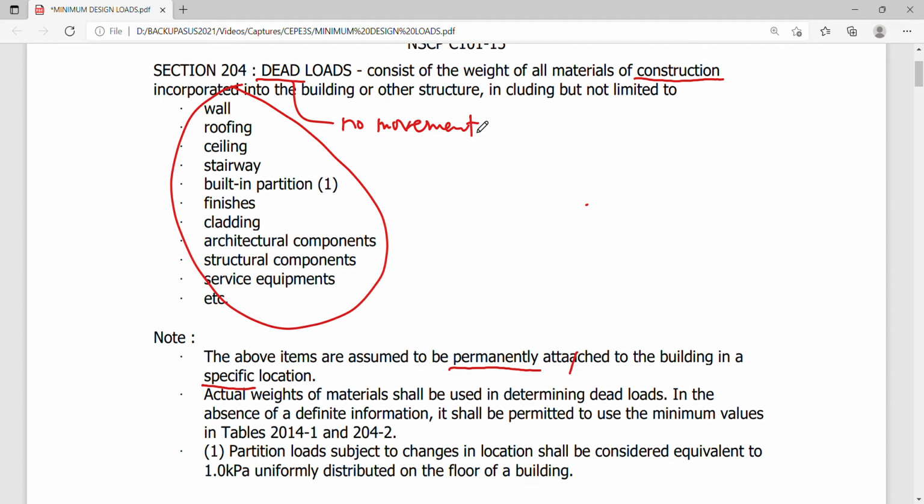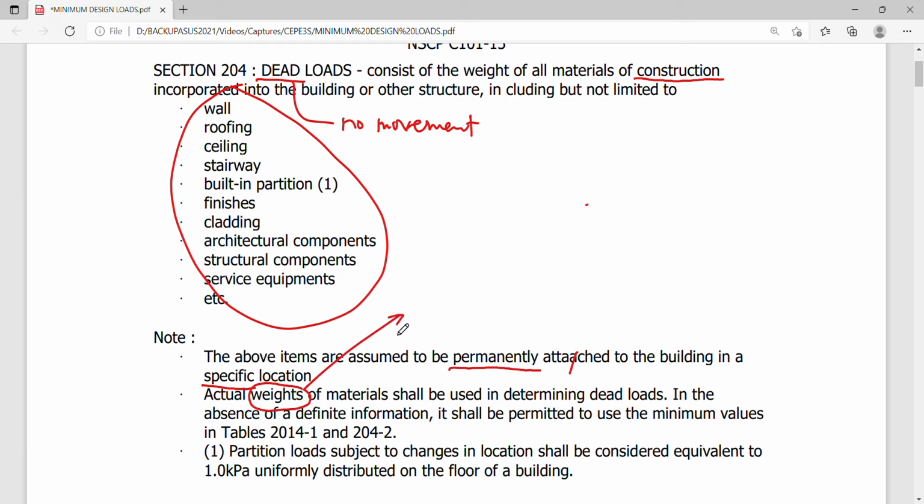So the actual dead loads or the actual weights of these materials for the dead load should be used for that purpose. So we need the actual weight, okay?